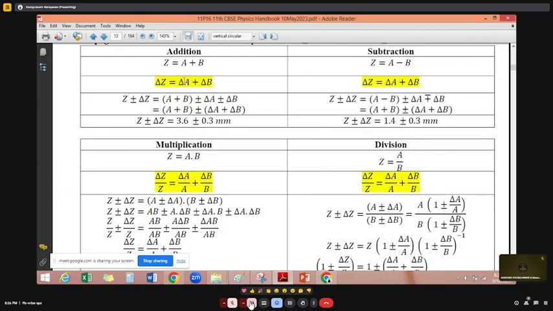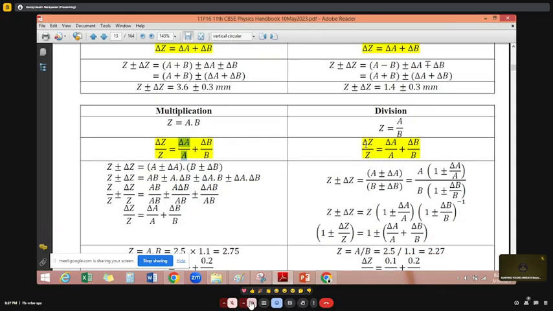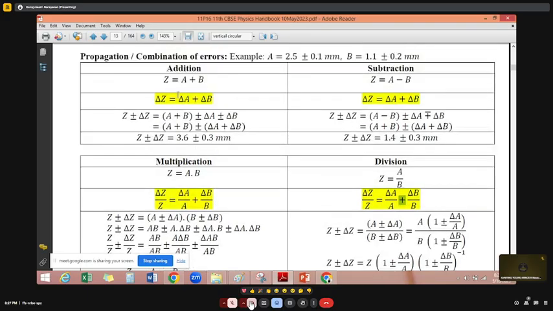This is absolute error, this is relative error, delta A by A, delta B by B. Very interestingly, for multiplication and division, you will get the same final result. It's not minus here, it is the same addition. Same thing here, addition and subtraction, both of them will be plus.